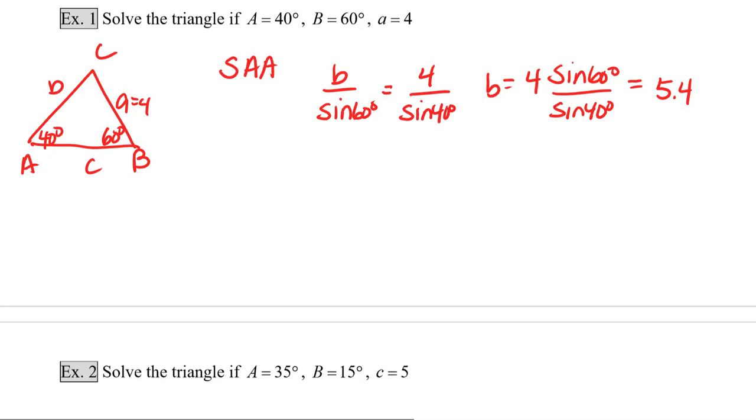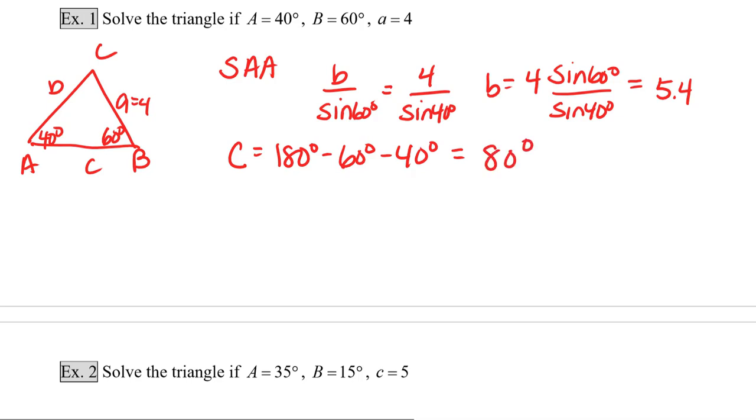Now, in order for me to find side c, I need to find angle C. Because I know two angles in the triangle, I can say that angle C is equal to 180 degrees minus the measures of the two given angles, and angle C is equal to 80 degrees.